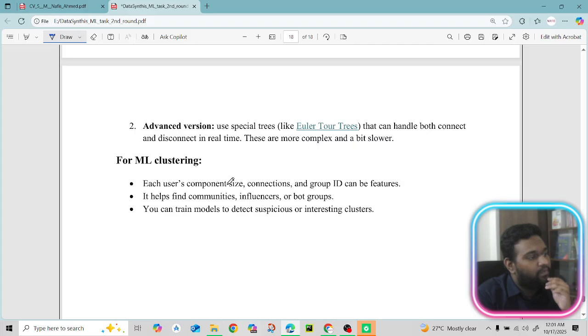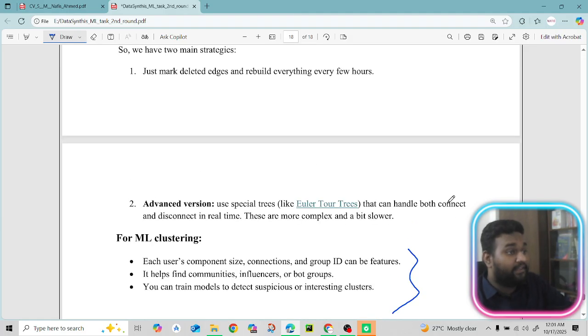Each user's component size, connections, and group ID can be features. It helps find communities, influencers, and bot groups. You can train models to detect suspicious clusters. I have taken this information from Google, so this is not from my own writing.